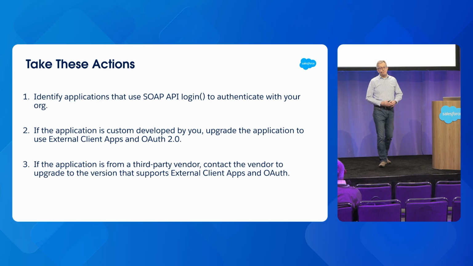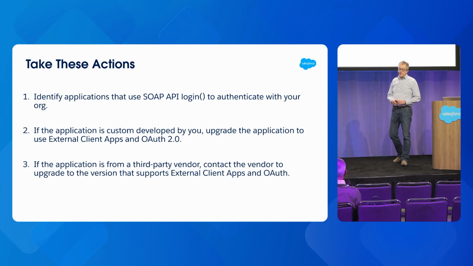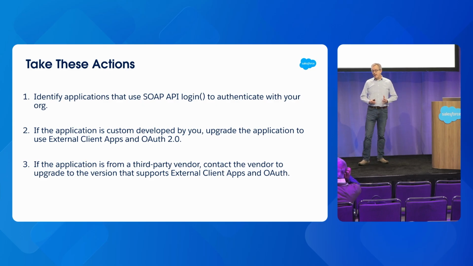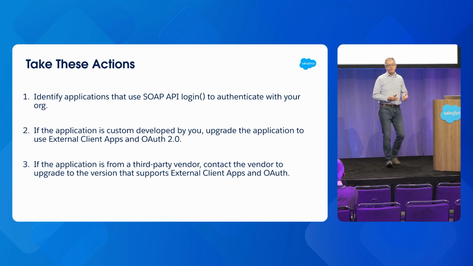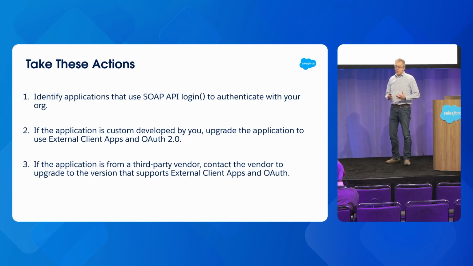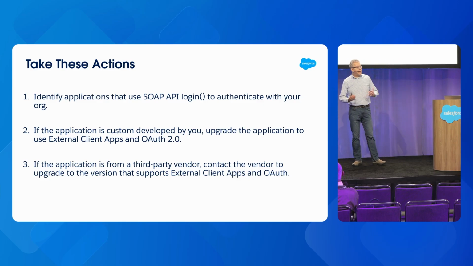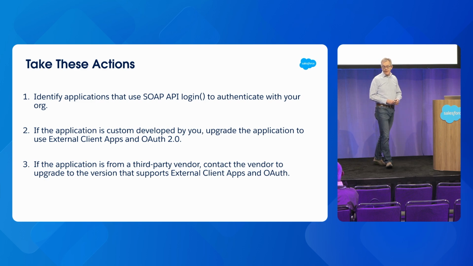And so as we approach the SOAP API login retirement, which is now just over a year away, you need to think about taking these actions. Firstly, identify the applications that are using SOAP API login. Collect that inventory of applications.